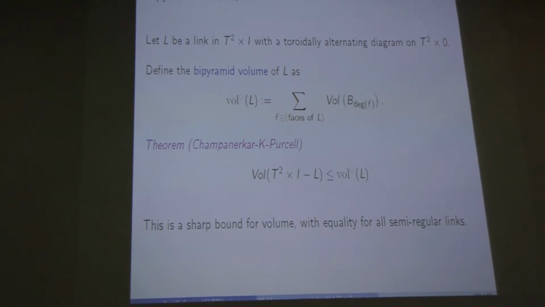Okay? And so what we proved is that the volume of T2 cross I minus L is always less than or equal to the bipyramid volume. And this is a sharp bound for volume with equality for all semi-regular links. So for the semi-regular links, the bipyramid volume is the volume. Okay.